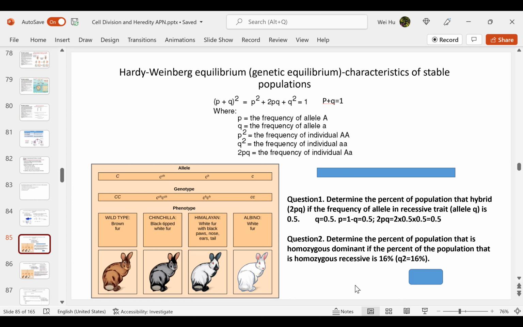So let's do another question here. Again, they ask you to determine the percentage of the population that is homozygous dominant. So the big P, if the percentage of the population that is homozygous recessive, what's homozygous recessive? Q squared. Q squared equals 16%. So the condition they gave you is Q squared equals 16%. What's big P?